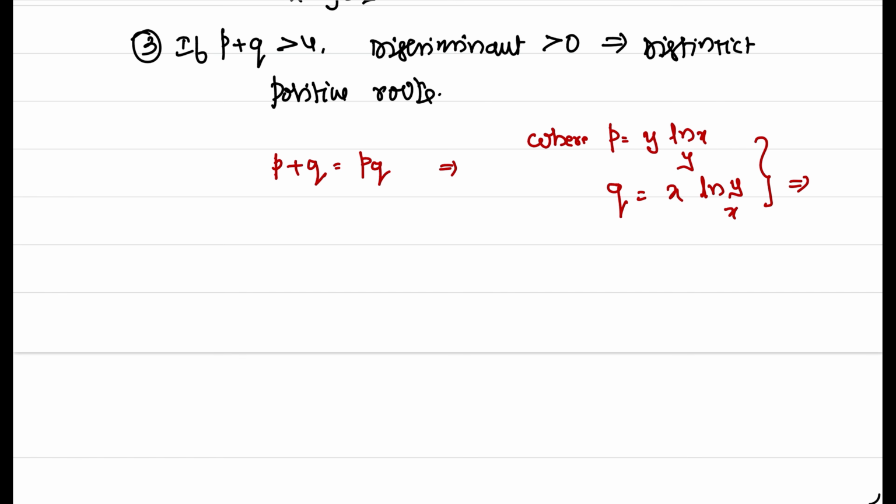These two imply P plus Q is equal to PQ.